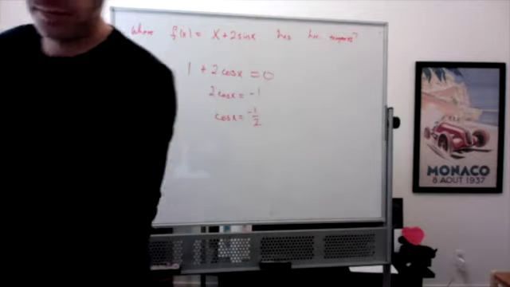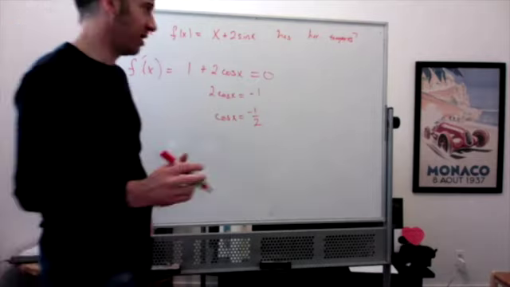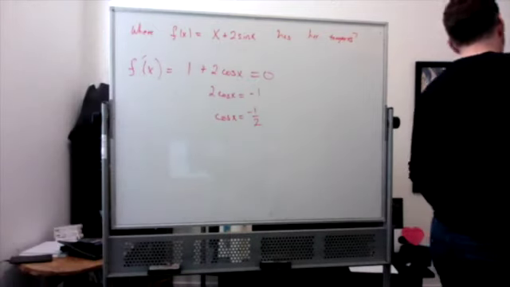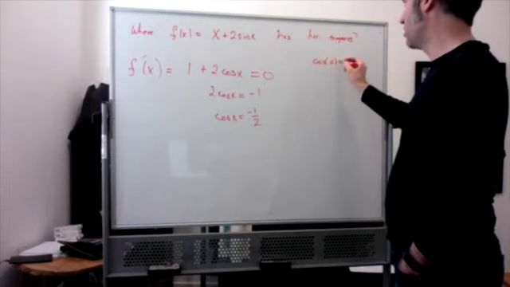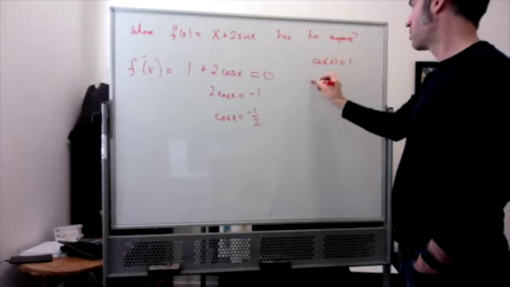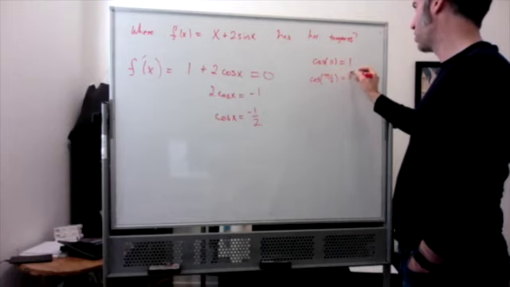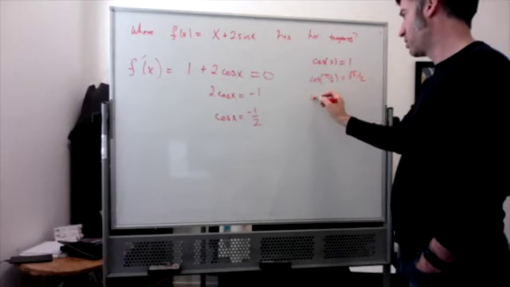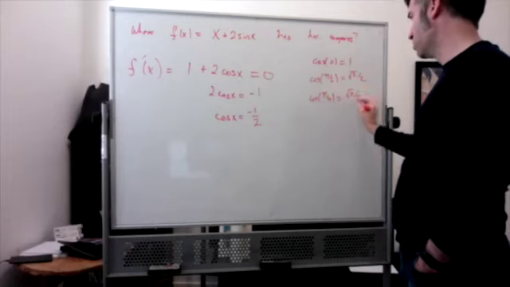All right, so we do have to remember what cosine of some values is. So I'm going to remind everybody that cosine of 0 is 1. Cosine of pi over 6 is the square root of 3 over 2. Cosine of pi over 4 is the square root of 2 over 2.